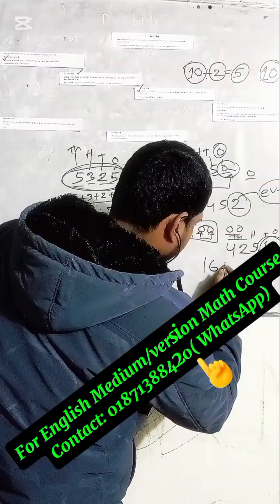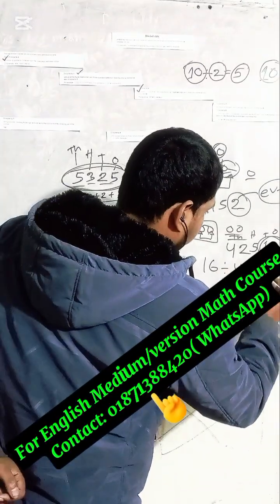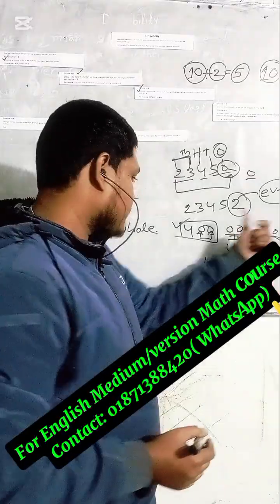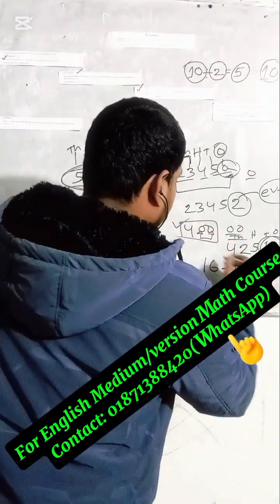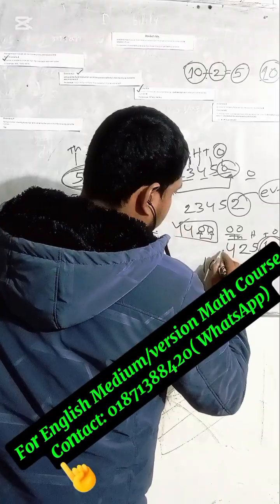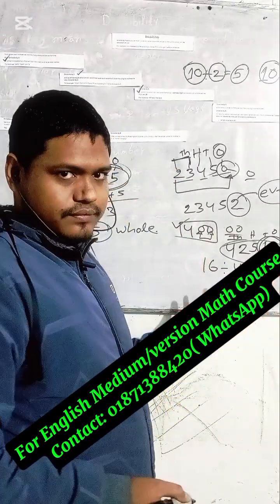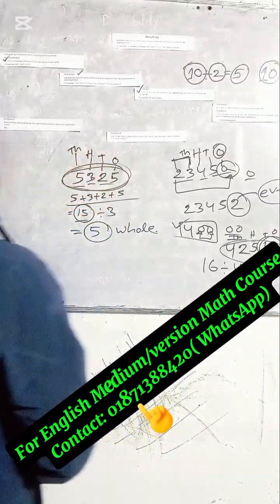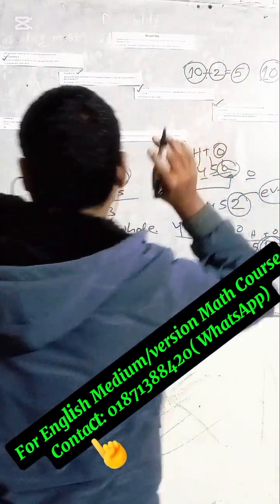Definitely, because 16 divided by 4 is 4, and 4 is a whole number. That means 16 is divisible by 4. That's why this whole number is also divisible by 4. Clear? And then divisible by 5.